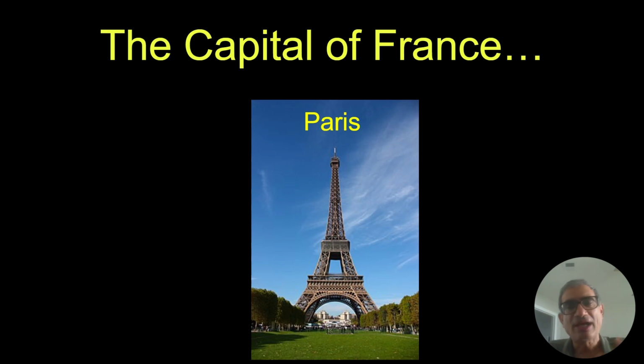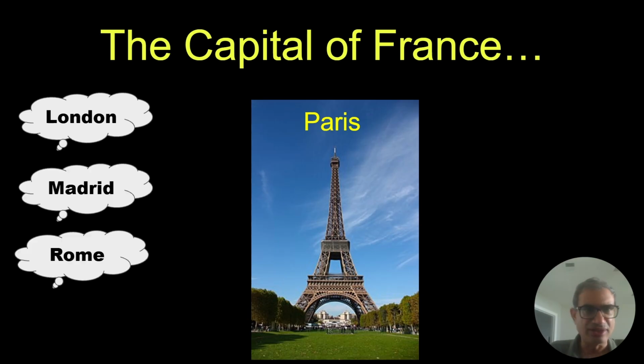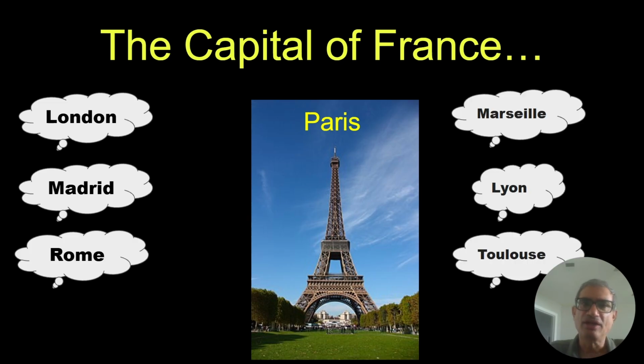But while getting there, perhaps it also considered other candidates. It may have considered things like London, Madrid, and Rome. We know why, because these are other European capitals. But a model may also have considered Marseille, Lyon, and Toulouse. Again, why? Because they happen to be other large cities in France.